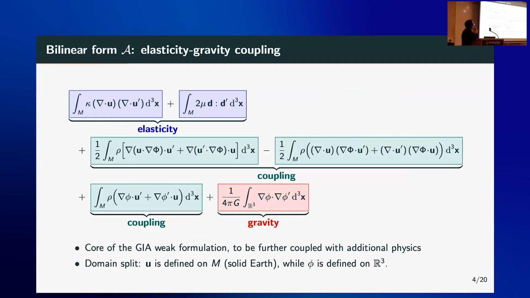We can see that these are quite classic elasticity and gravity forms. They are coupled in a way that the deformation will be influenced by the base or equilibrium gravity potential, and also the perturbed gravity potential. And then this can be coupled with additional physics.